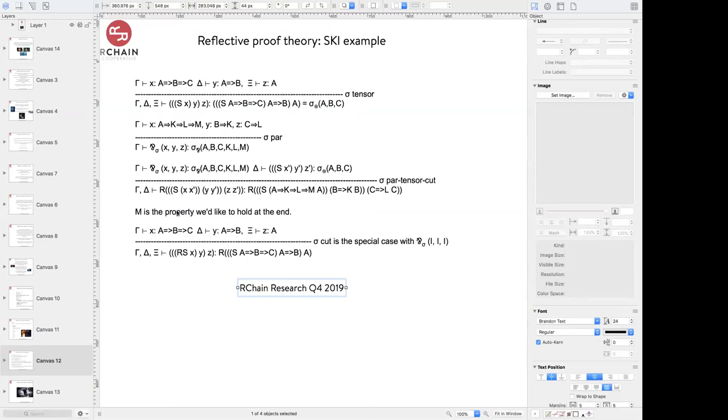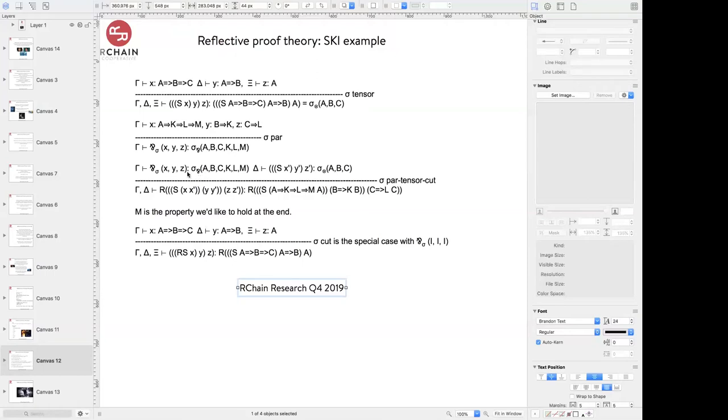This is the tensor, this is the cut, and I'm only giving you some samples. So this is the normal S rewrite rule, but there's no R. This is the S rewrite rule with the R. And then there's a similar one for the construction of the par. And then the interesting one is when you cut a tensor against the par.